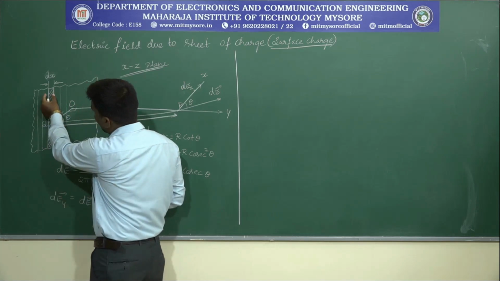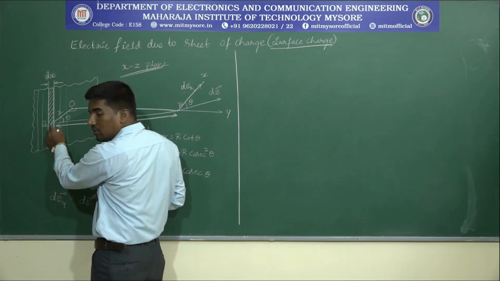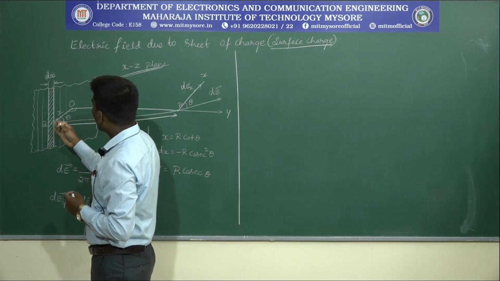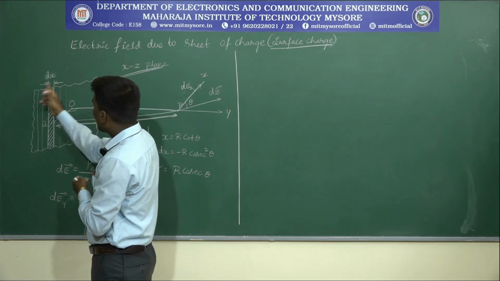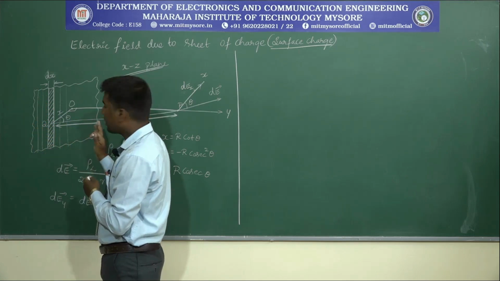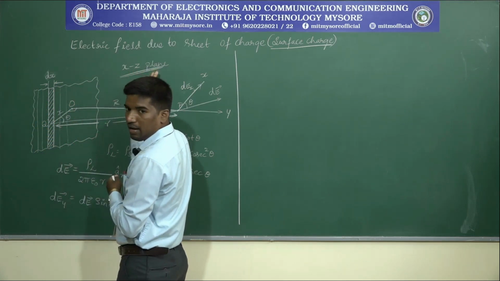Therefore, the elementary line charge of length dx is considered in this particular case. So these infinite numbers of line charges are there in order to obtain this complete surface charge. So this is kept along the xz plane.